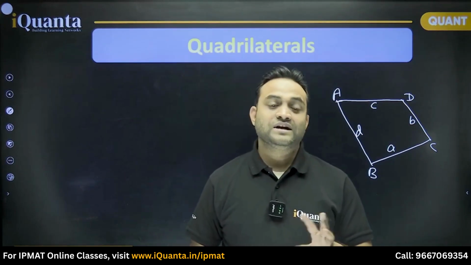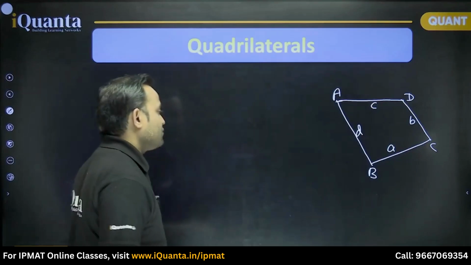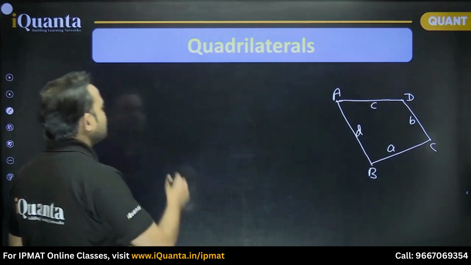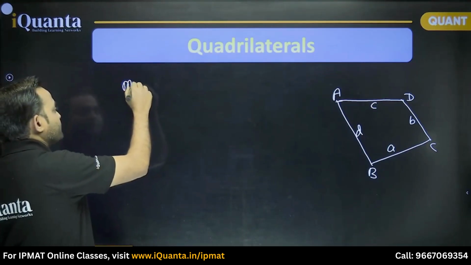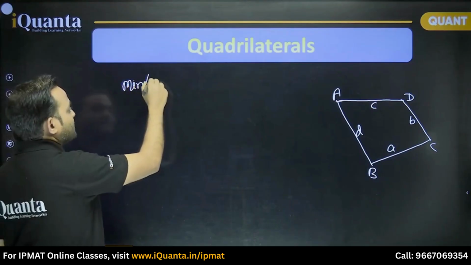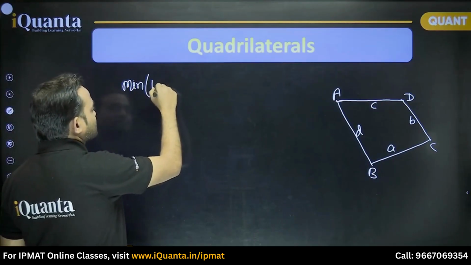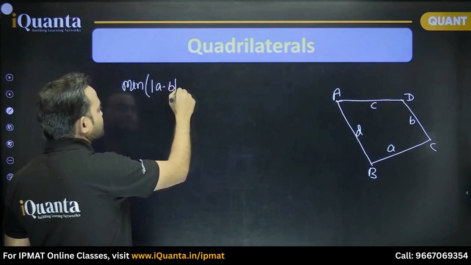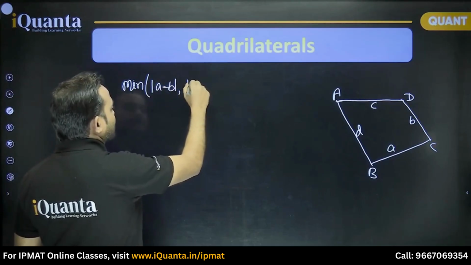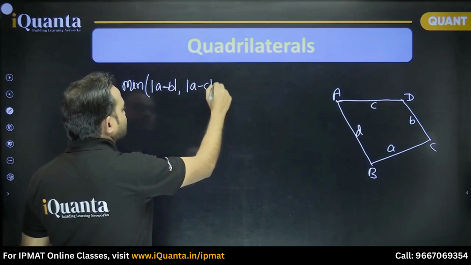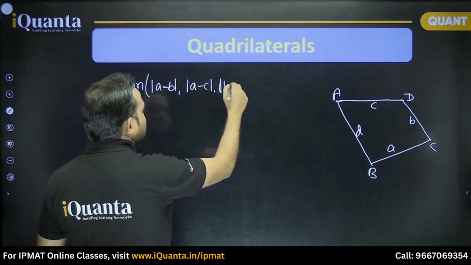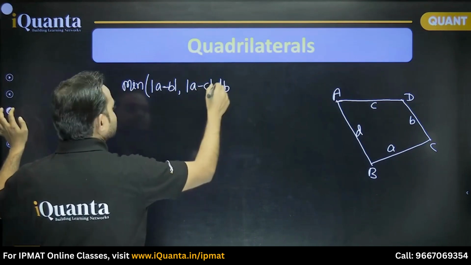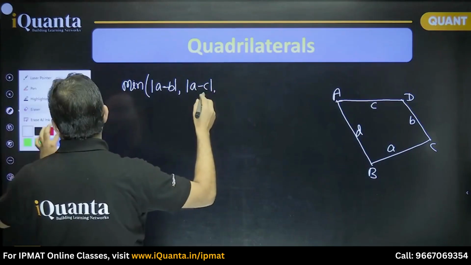So what can we say about any side length? It is greater than the minimum of any difference of any two sides, so A minus B, then A minus C, then B minus C. These are the three other side lengths.